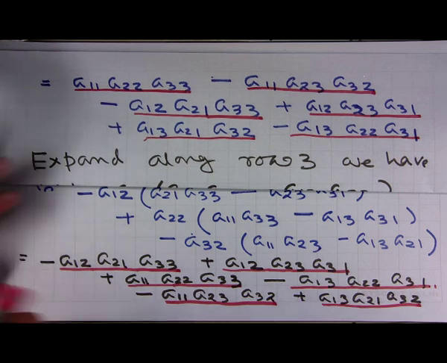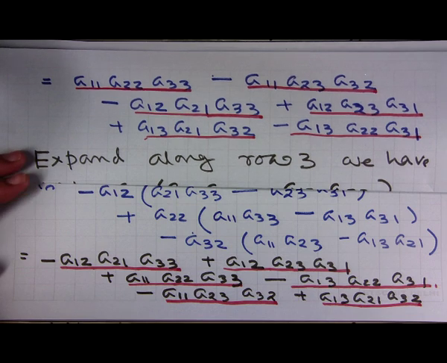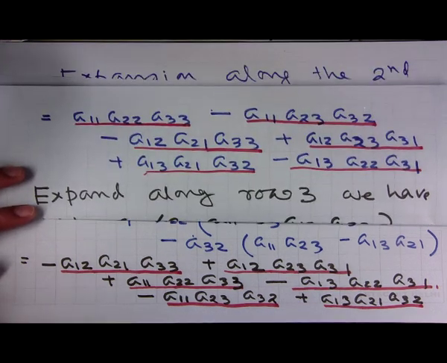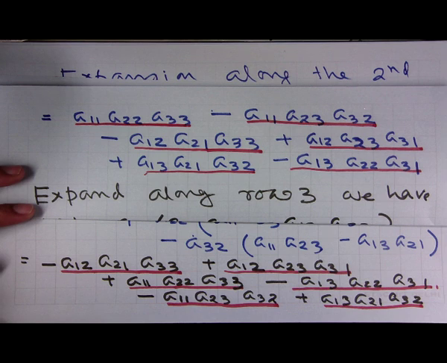Thus, we see that when we expanded along the first row or the third row or the second column, we get the same answer for any general matrix A. This is not a proof, but you can verify in a similar way that whether you expand it along row 2 or column 1 or column 3, you will get the same expression.